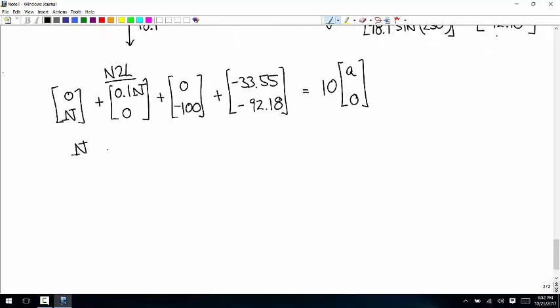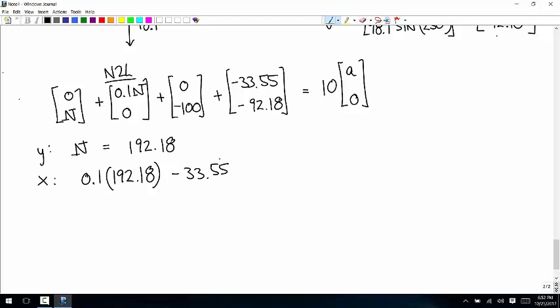So the normal force is equal to, I'm using the y equation, 192.18. And then plug that into the x equation, and you get 0.1 times 192.18 minus 33.55 is equal to 10a.